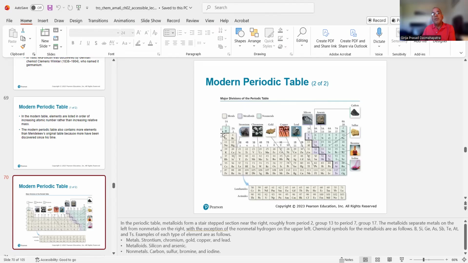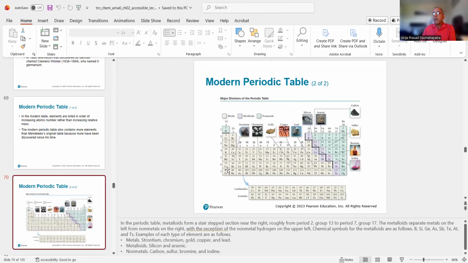And you will also find another way of marking the groups, called 1A to 8A and 1B to 8B. Both numbering systems have some merits and some limitations, but we will discuss that at an appropriate time.